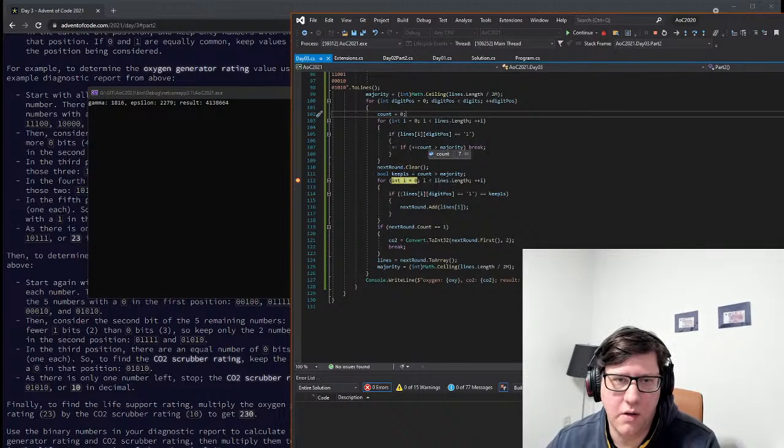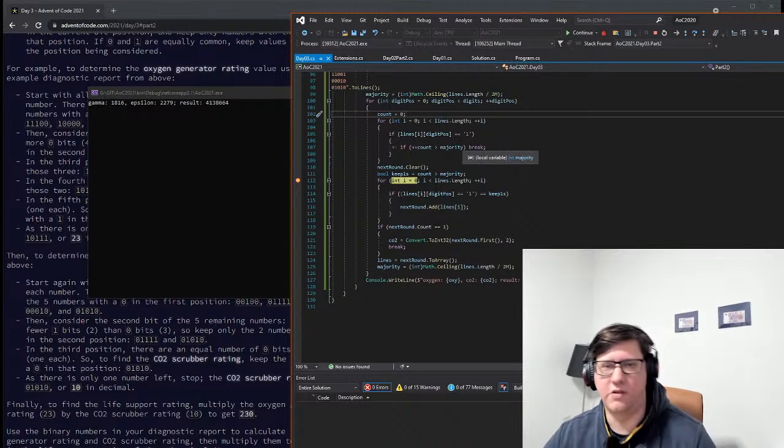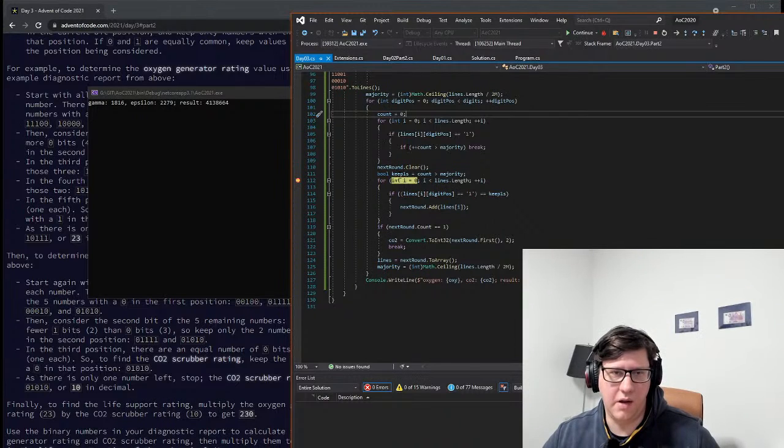So in this one, I went over the majority, and we want to keep, let's see, because in case of a tie, we also want to keep the zeros. So we're determining here if we want to keep the ones, and that only happens if we reach more than a majority. So this is correct.